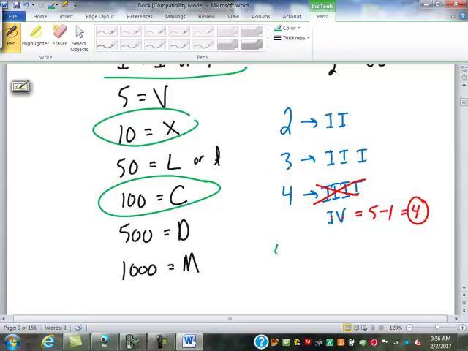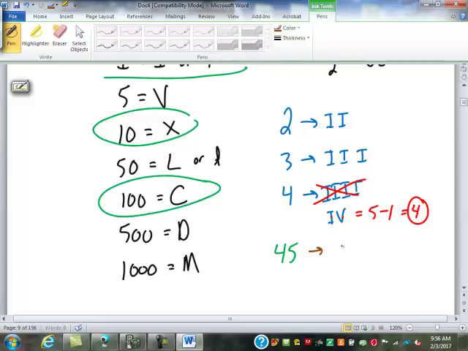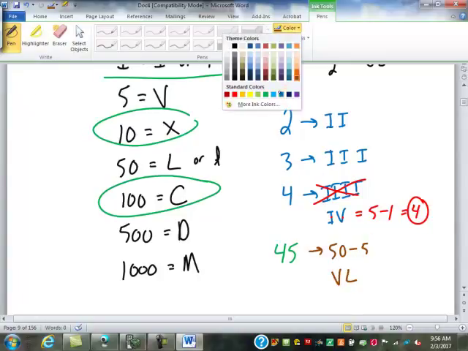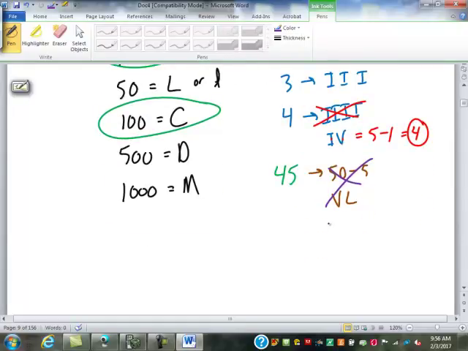So if they want to do the Roman numeral for 45, again, to me it would make sense that you would just do 5 away from 50, 50 minus 5, or VL. But they don't do it that way. They do XL, which is 50 minus 10, and then the V on the end.